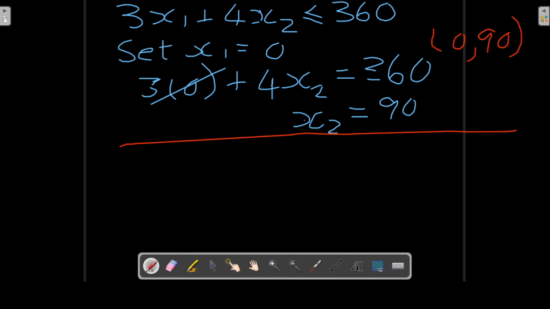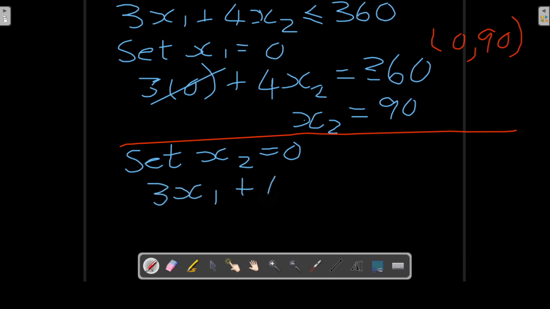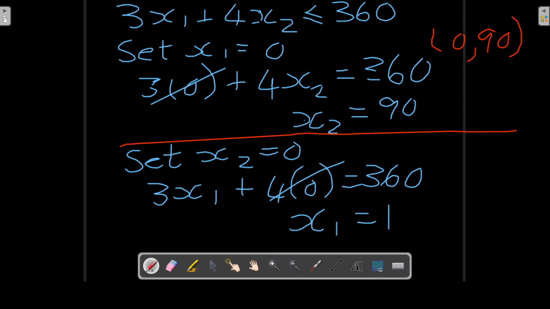And then if we set x2 equal to 0, this will be 0, so 3x1 is equal to 360, so x1 will be equal to 120. So the second point will be the point (120, 0).